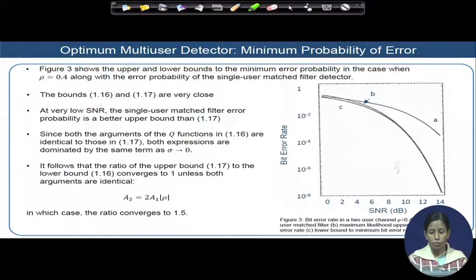So the final conclusion is that if you are working in a noise dominated zone, the architecture should go back to the single user matched filter based architecture rather than the joint optimal decision strategy that we have discussed for optimum multi-user detection.